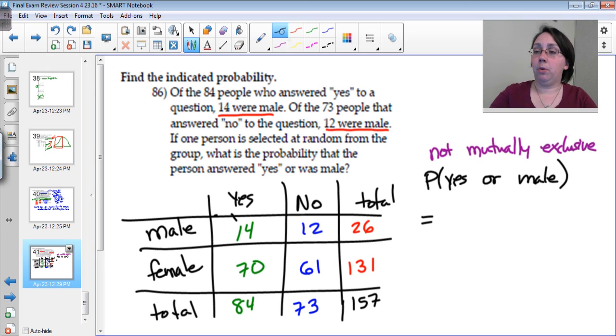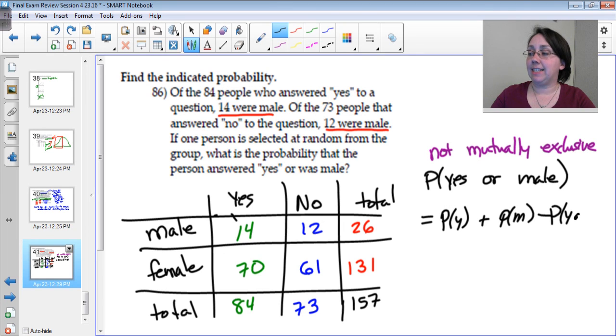So you have to do probability of yes plus the probability of male minus the probability of yes and male. Well, what's happening is in the yeses, you have some men. And if you count them again for the probability of male, you just double counted.